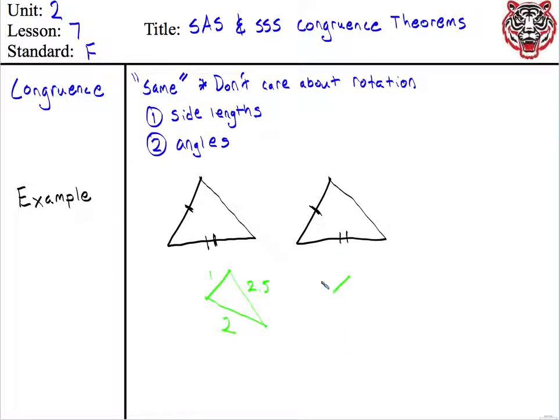Okay, let me try drawing this a little bit better. Side length of 1, a side length of 2, and then this side length of, I don't know, 2.7. So that's a counterexample, because we still have two side lengths that are the same, and the triangles are definitely not the same because I have different side lengths for the remaining side.